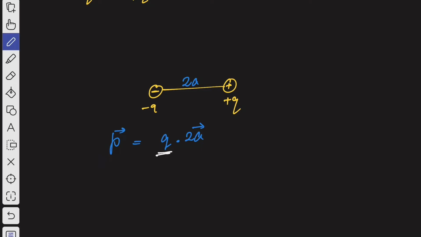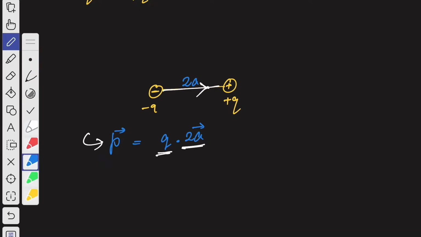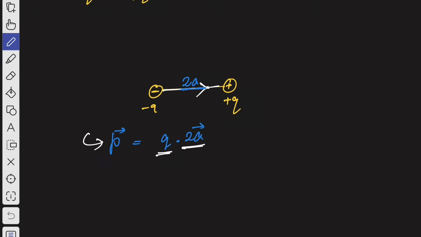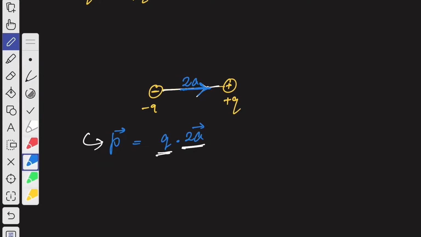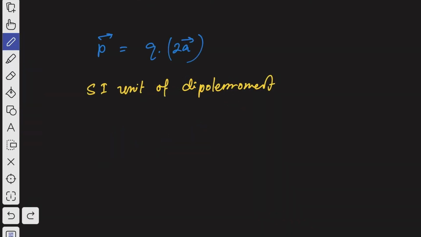So the dipole moment is the product of the charge on its pole and the length separation between the charges. Its direction will be from negative to positive.